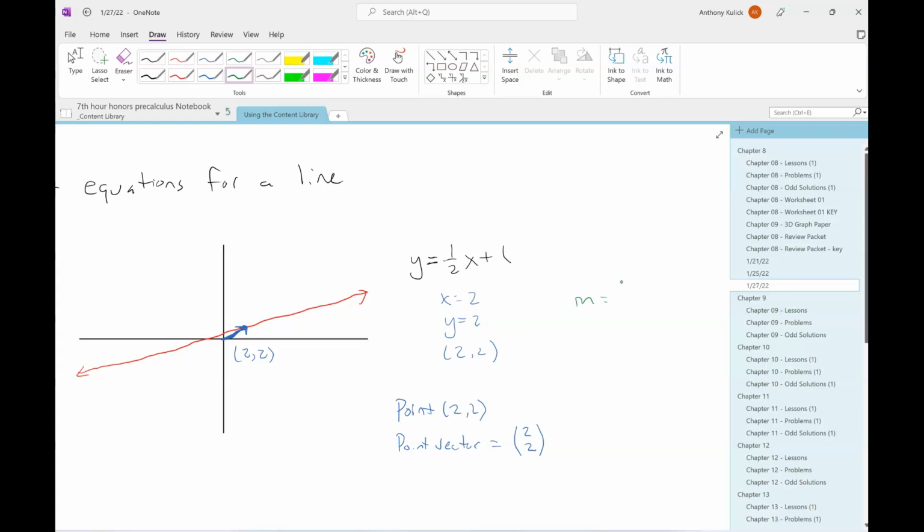One-half. Okay. And how do we calculate slope? Well, I mean in general. What's that? Rise over run, or we could also describe that as change in y over change in x, right?